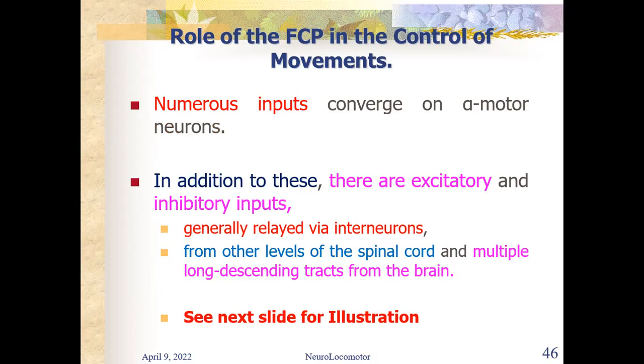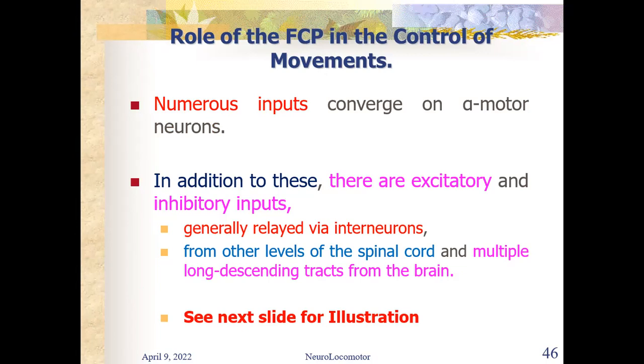Generally, they are relayed via interneurons. Remember, the lateral corticospinal tract and the anterior corticospinal tract are either monosynaptic or disynaptic.